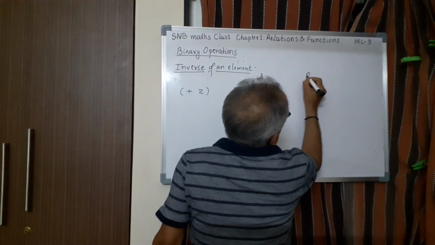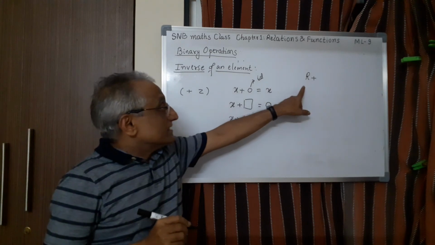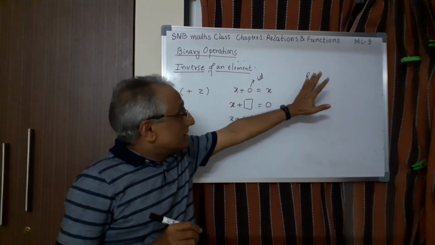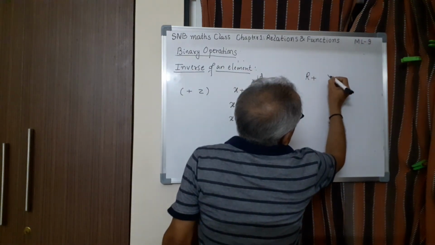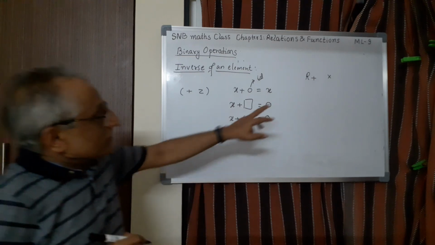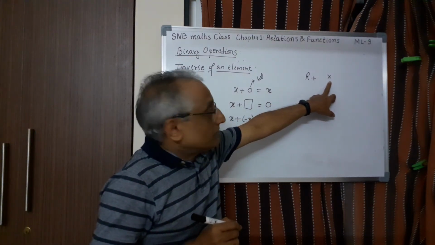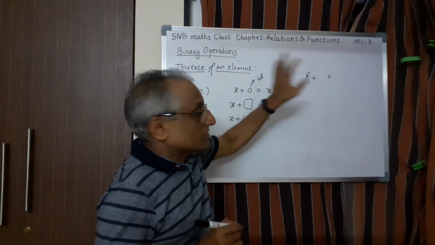Let us take R plus. R plus means the set of positive reals, even excluding 0. Now, let me take the binary operation multiplication. So, definitely it is a binary operation because the product of any two real numbers is a real number and it is positive means positive only.